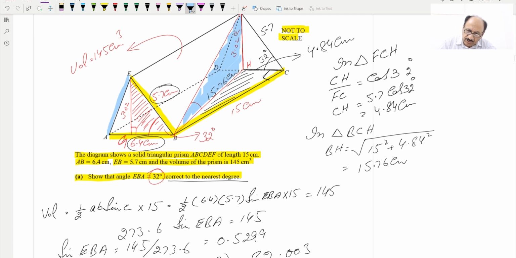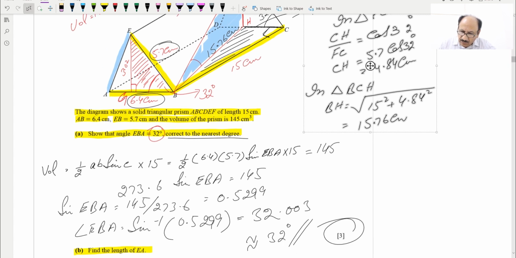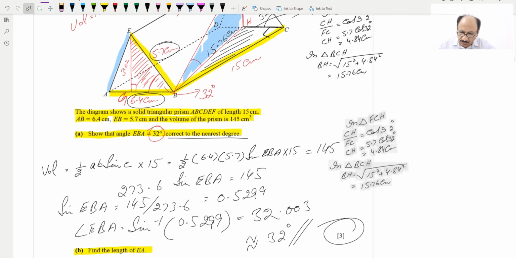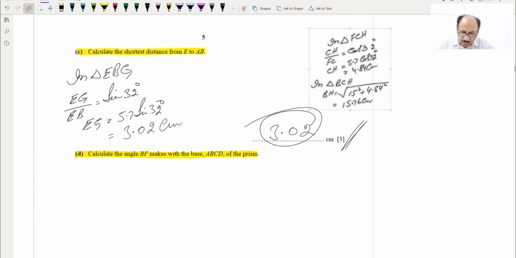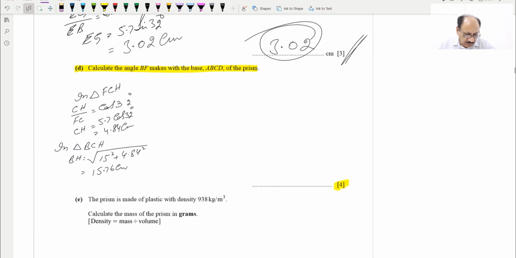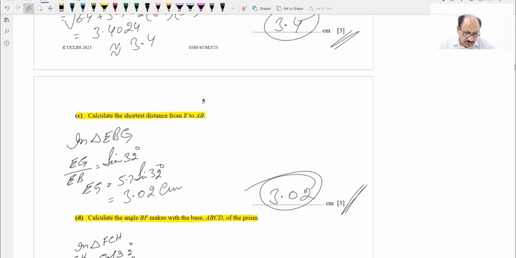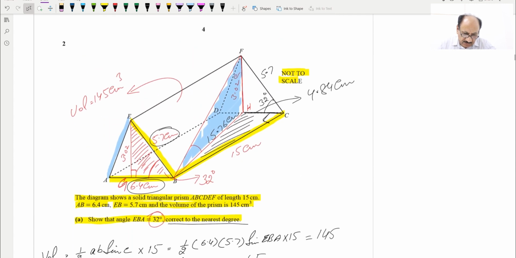So before that, I just wanted to shift this calculation to the proper location. So here we got the calculation, and now we can do the last step, which is the angle we need to find in the triangle.